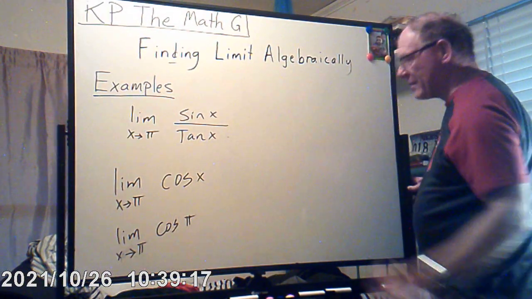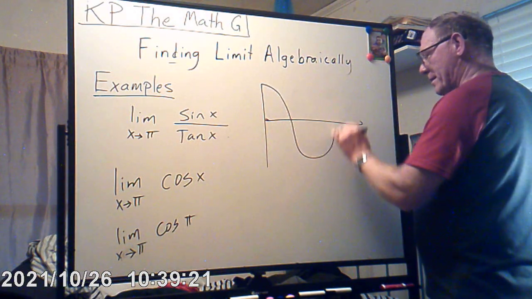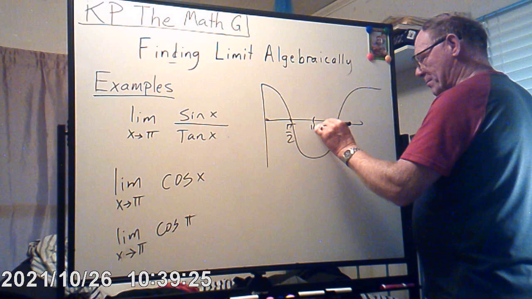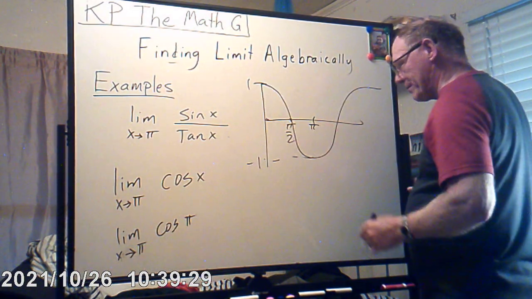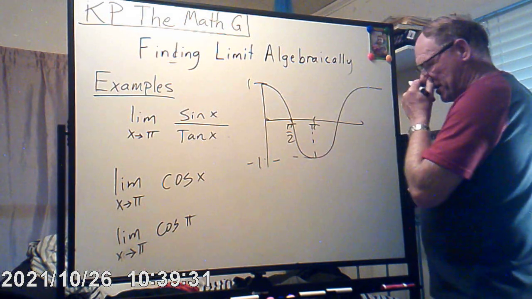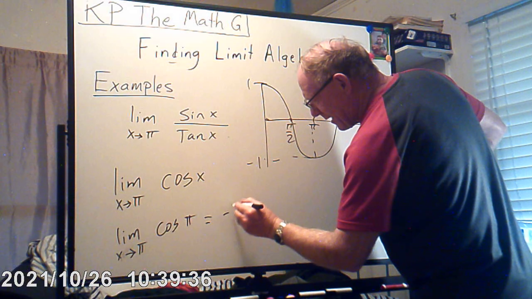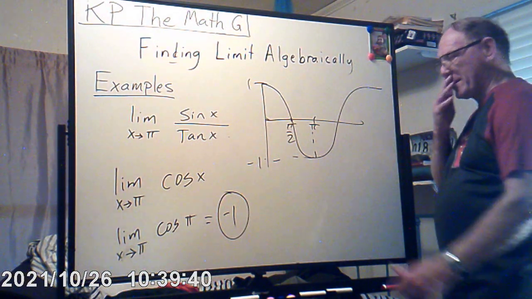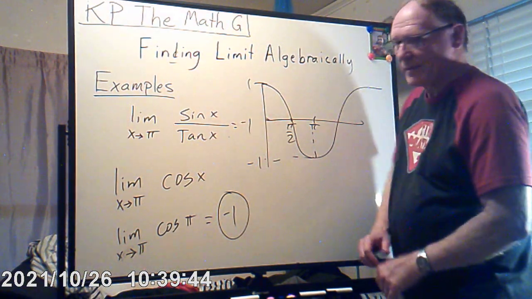On my graph, cosine starts up here and does something like this. So this is pi over 2, this is pi, and by the way, this is -1 and this is +1. So yes, cosine of pi is -1. Alright, there it is. So this limit is equal to -1.